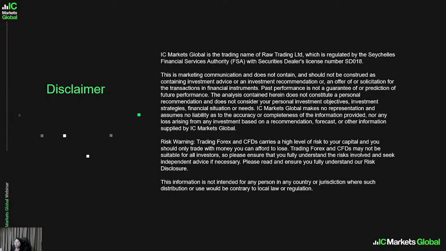So a risk warning: trading forex and CFDs, especially if you are trading on margin and high margin for that. Okay, it carries significant risk and may not be suitable for all investors, and you may lose more than you intended. Okay, so please ensure that you fully understand the risks before you jump into this, especially for those who are new.